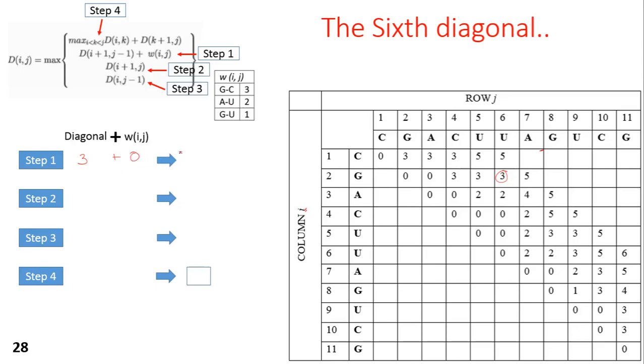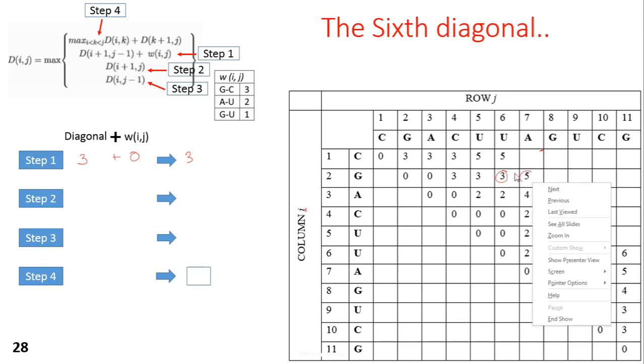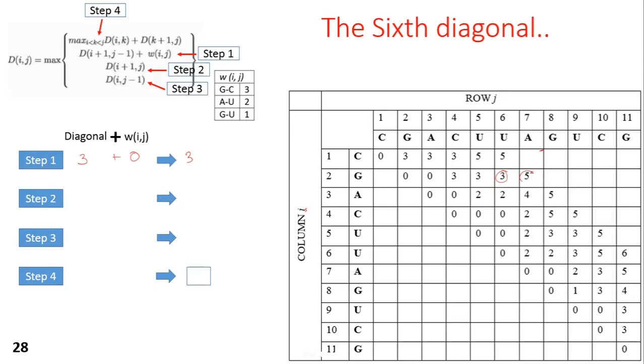And 3 plus 0 would be 3. Okay, then we would have to consider the column contribution, that is 5, row contribution, that is 5. Now let us see in our fourth step if we can exceed the value of 5.